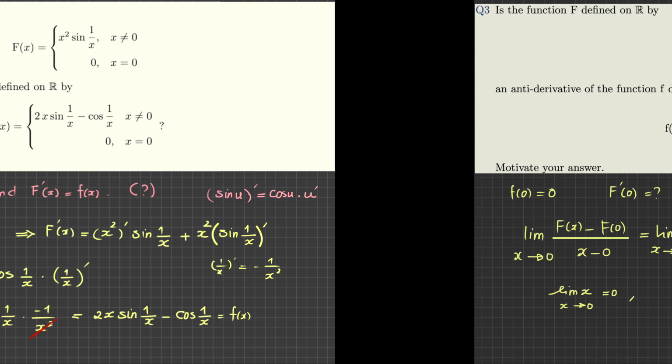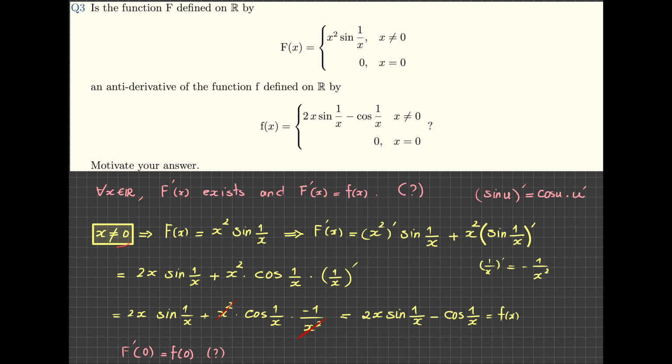And in the previous page I showed that if x is not equal to 0, the derivative of capital F is equal to little f. So this means that for all real numbers this is going to be the case. And this means that capital F defined in this way is indeed an antiderivative of little f of x.